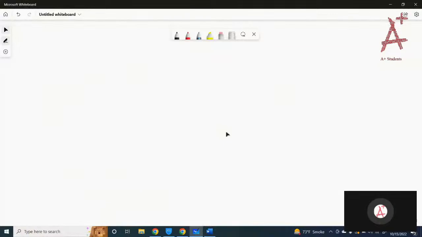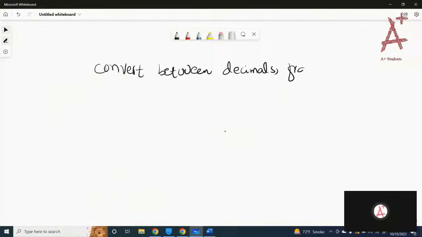Okay, the lesson name is convert between decimals and fractions or mixed numbers. Decimals, fractions or mixed numbers.